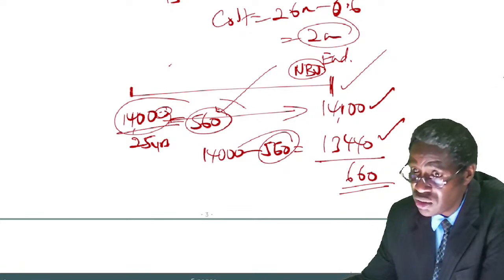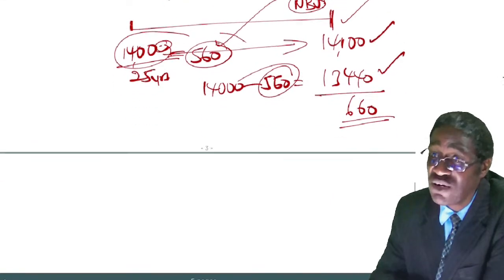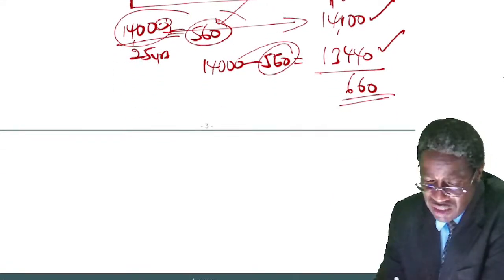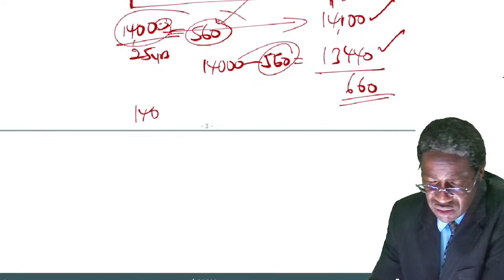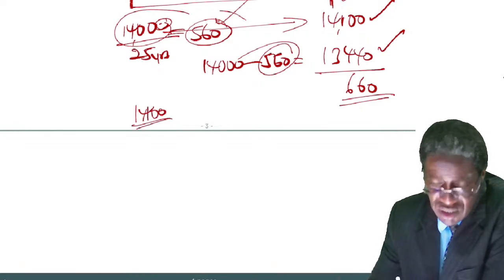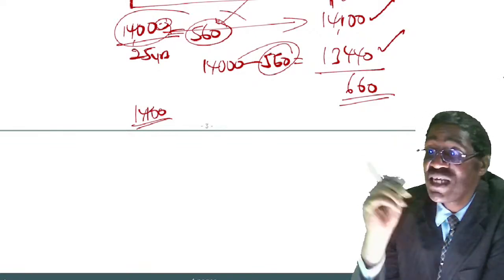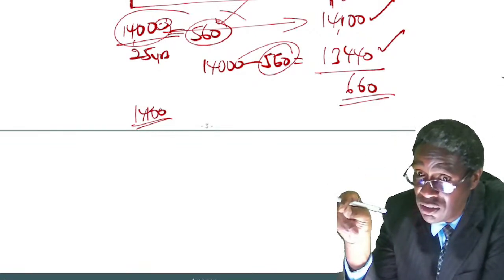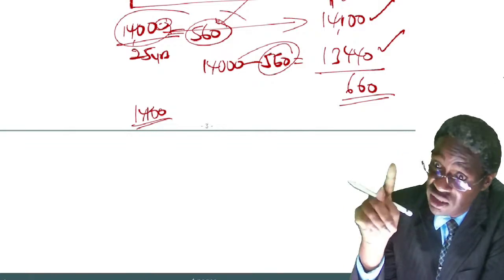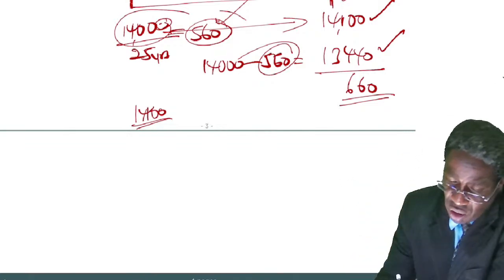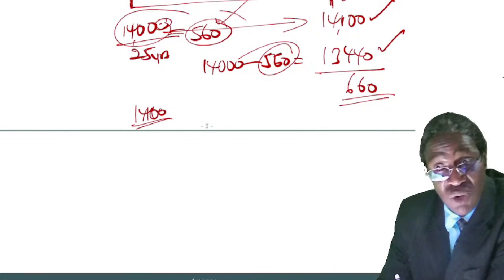In that question, the company revalued their building at the beginning. Let's say 14,100. So if they revalued it at the beginning, listen, to calculate the depreciation charge for the year, now you will not use 14. You will say, okay, it was revalued at 14,100.